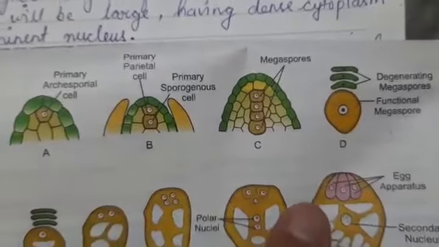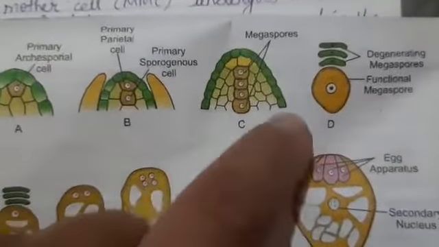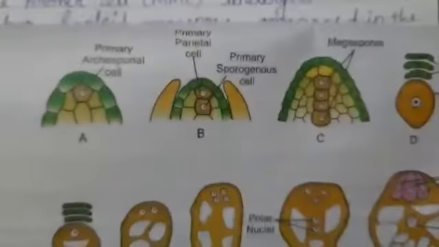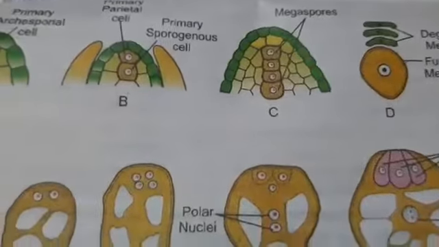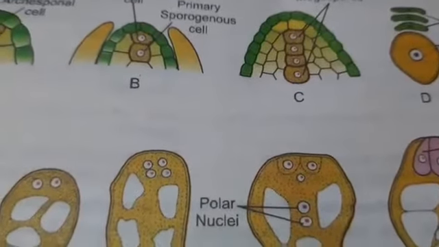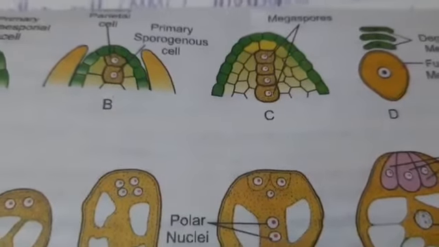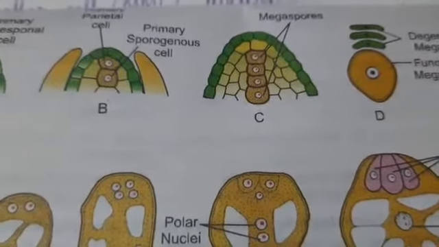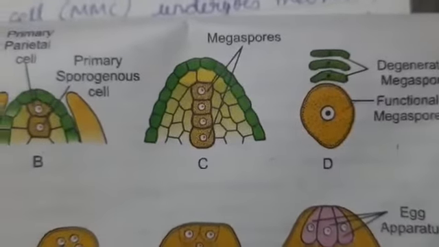This functional megaspore is mainly towards the chalazal end, because out of the four megaspores of this linear tetrad, only one remains functional. That's why this type of development is called monosporic development.